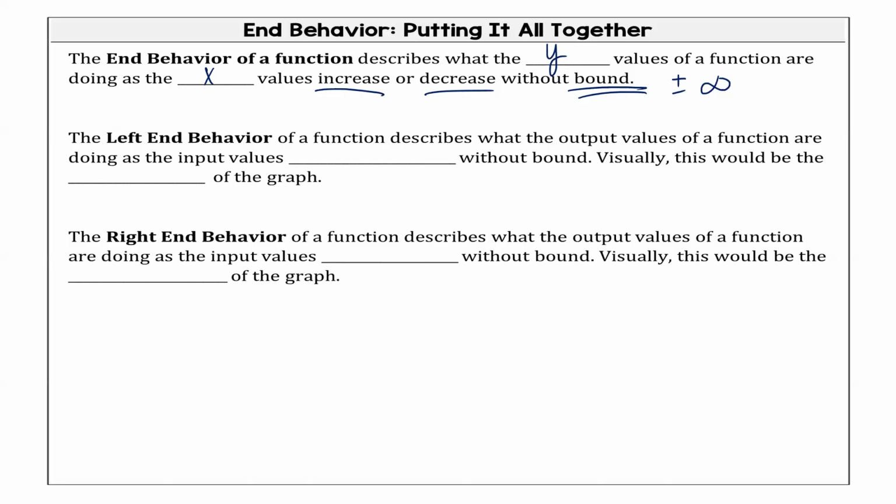Your left end behavior of a function describes what the output values of the function are doing as the input values decrease. So as your input decreases, we call that our left end behavior. This is what we call the limit of the graph, which we're leading into.